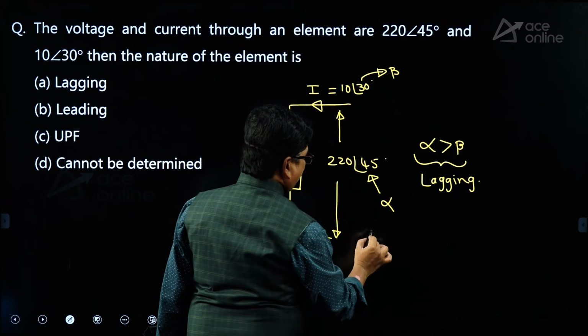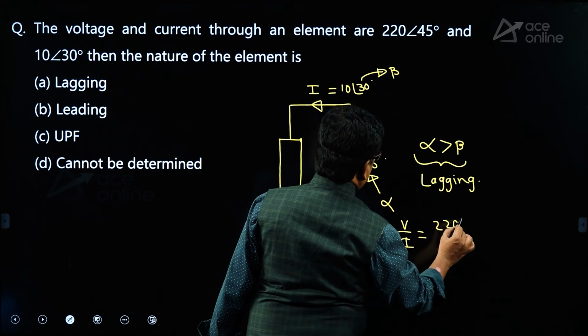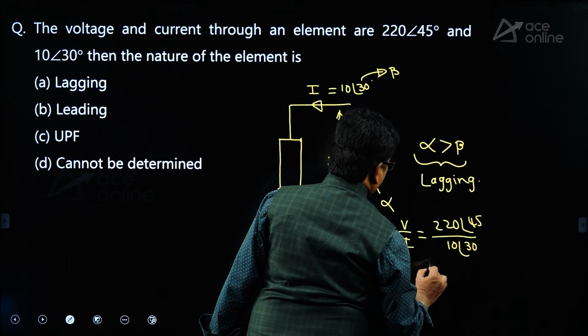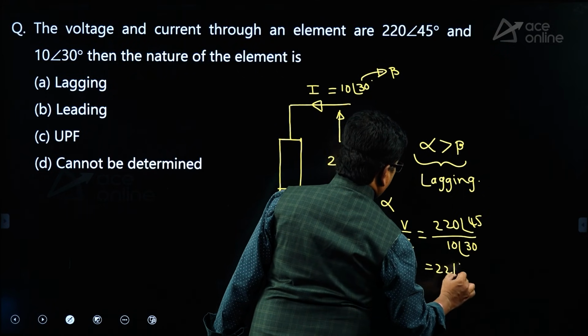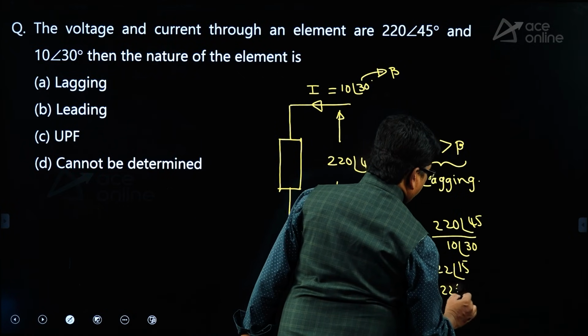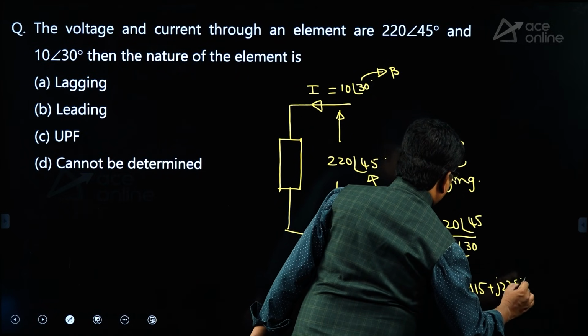You can calculate the impedance Z, which is equivalent to V by I. It is 220 at an angle of 45 divided by 10 at an angle of 30. It is 22 at an angle of 15 degrees. If you expand this in rectangular form, 22 cos 15 plus j 22 sin 15.